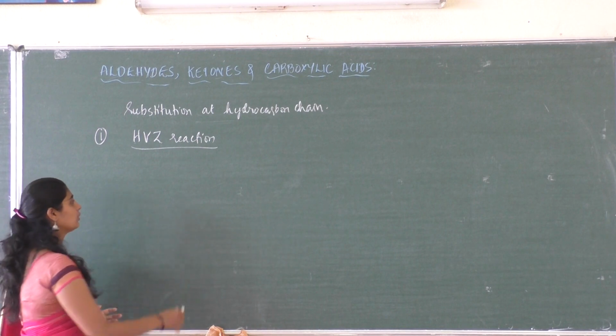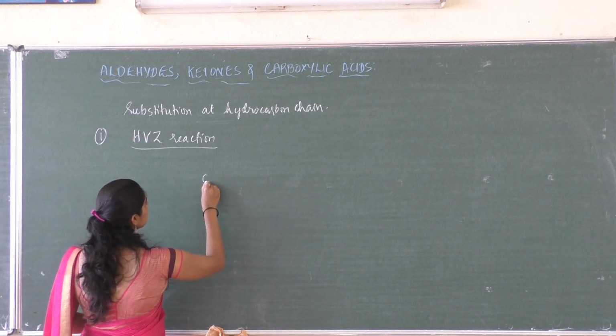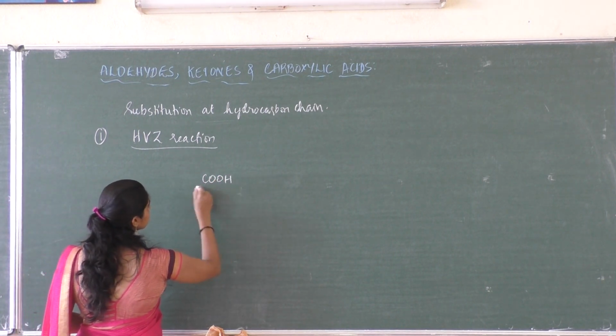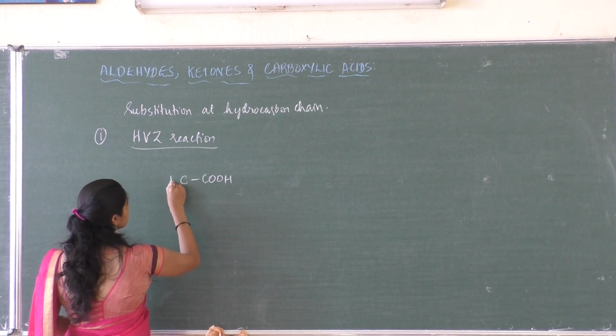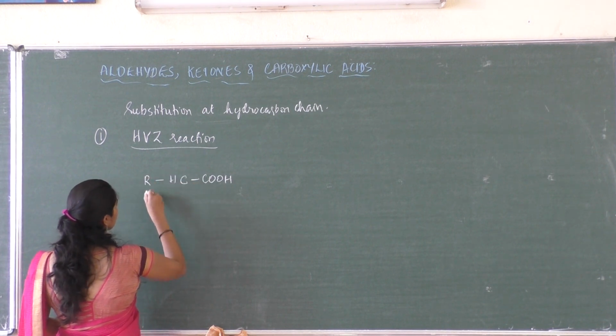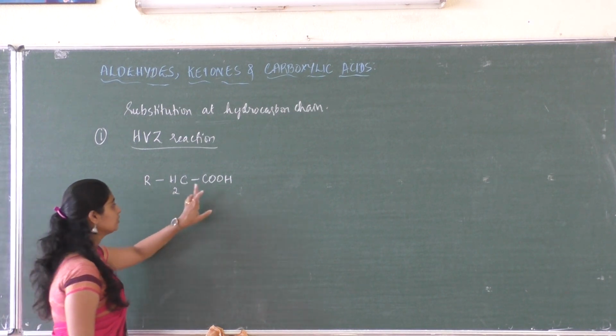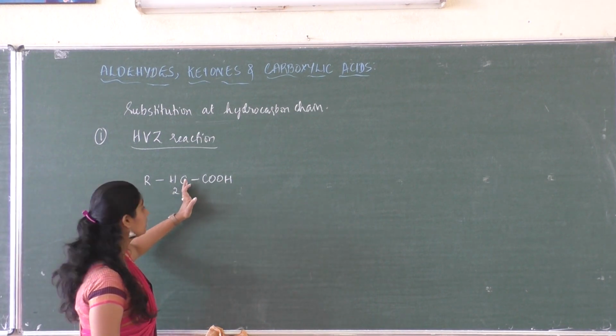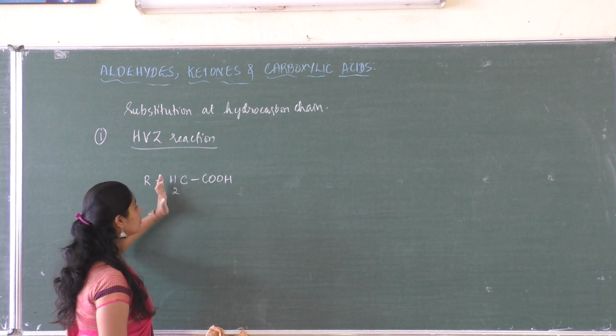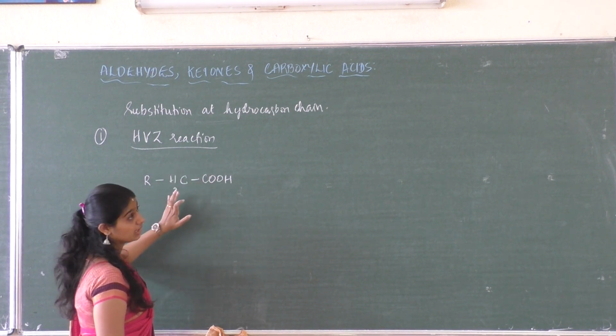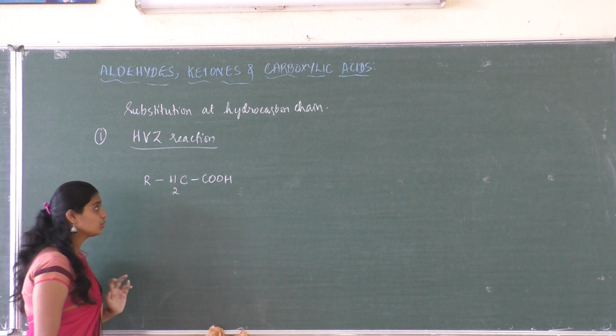We have studied what an alpha hydrogen atom is. So this is the functional group, this is attached CH. Let me take this as R, alkyl in general. So this is CH2, and the carbon which is next to the functional group is the alpha carbon, and the hydrogens attached to the alpha carbon atom are alpha hydrogen atoms.